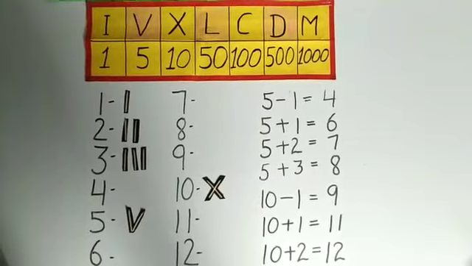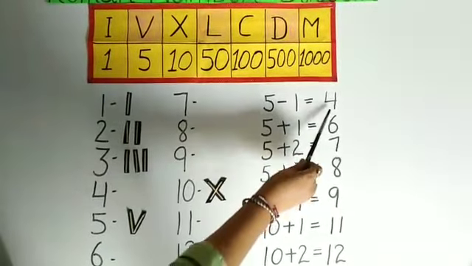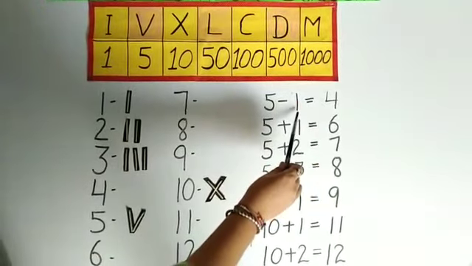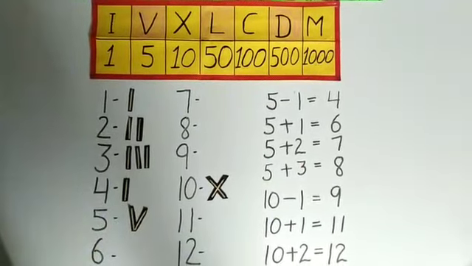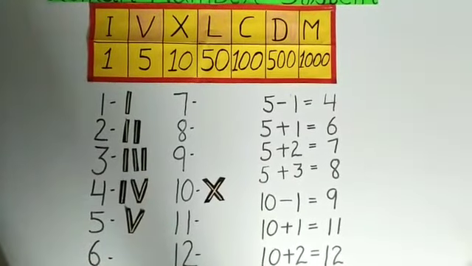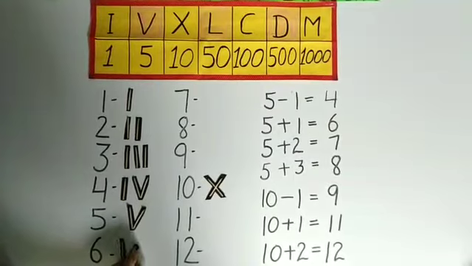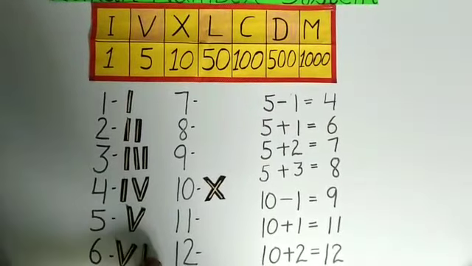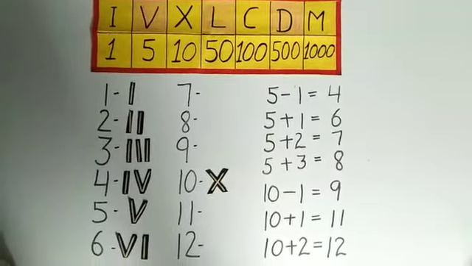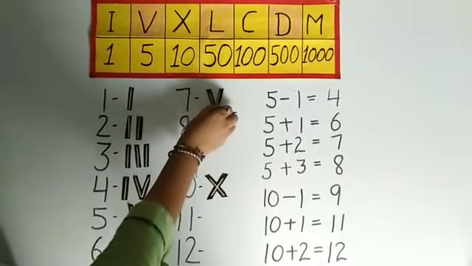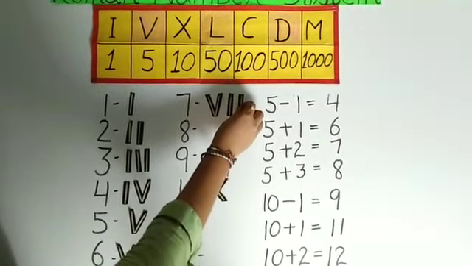To write 4, we subtract 1 from 5 and obtain 4. So we write the subtracted number 1 on the left side of the greater value. And to write 6, we add 1 on the right side of the greater value. To write 7, we add 2 on the right side of the greater value.